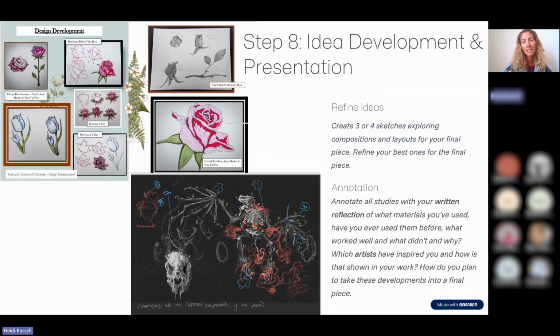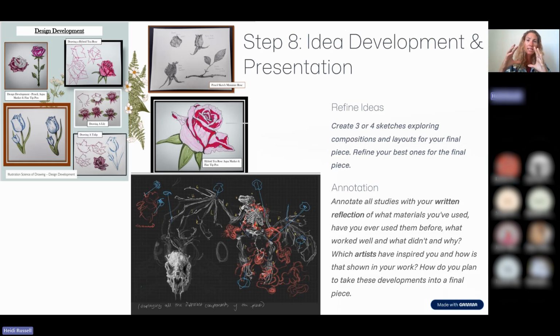Okay, step 8. Step 7 was just experimenting with materials, but step 8 is all about your idea development now. So it's really refining your ideas. So create again another 3 or 4 sketches, just exploring different materials that you might want to use together that you started in step 7, but you might want to push it a little bit more into step 8, ready for your final piece.